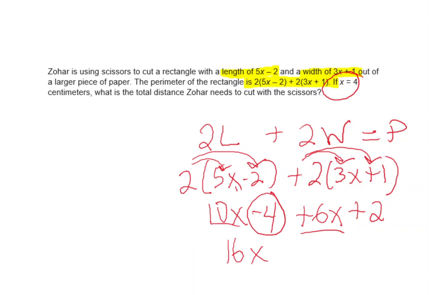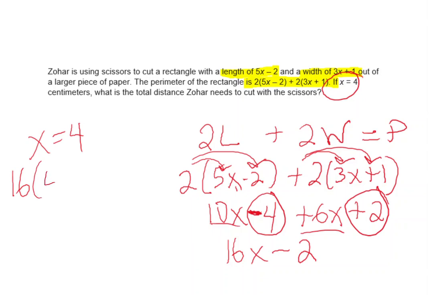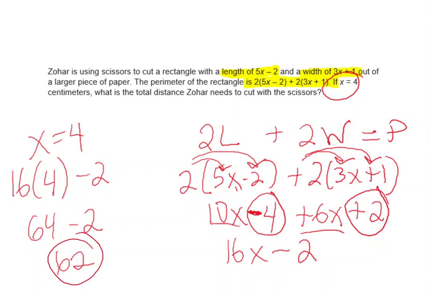Pay attention, the sign in front of it tells you that's a minus 4. So negative 4 and positive 2 is negative 2. Now I know if x equals 4, I can substitute 4 for x and then simplify from there. 16 times 4 is 64, and 64 minus 2 is 62.